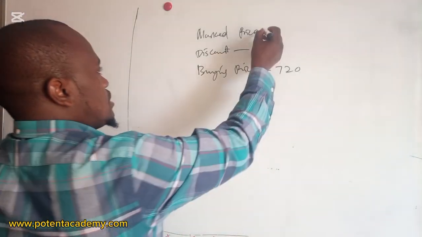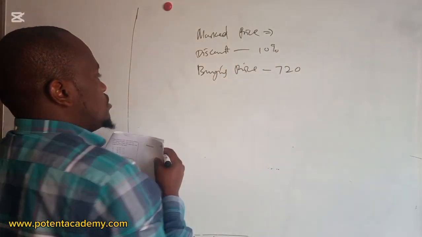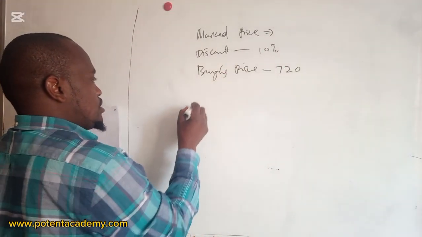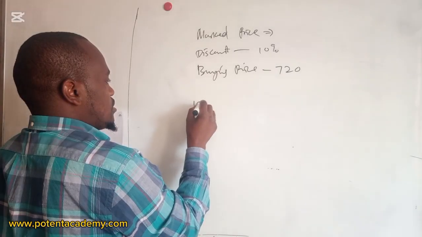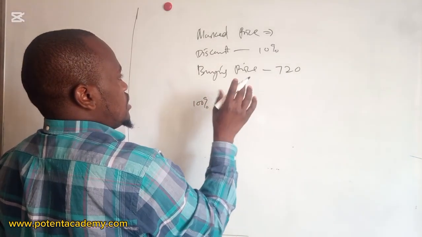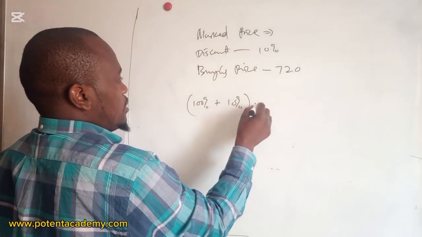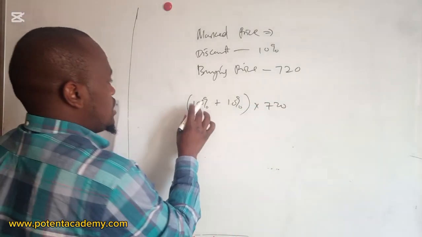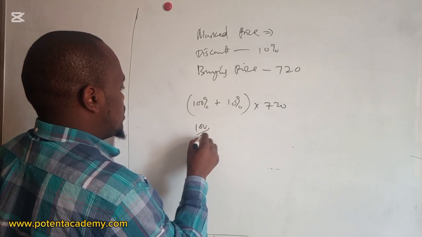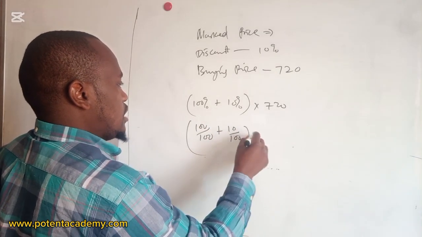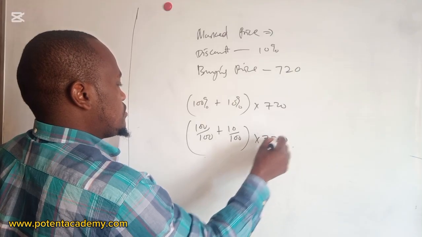To get the marked price with this, you know that we assume this is the 100%. So it is 100% plus 10%, multiplied by 720. You multiply by 720 to raise it. This is 100 over 100 plus 10 over 100 times 720.